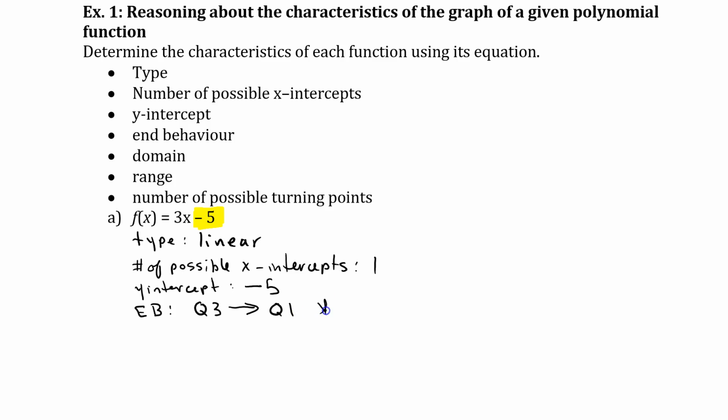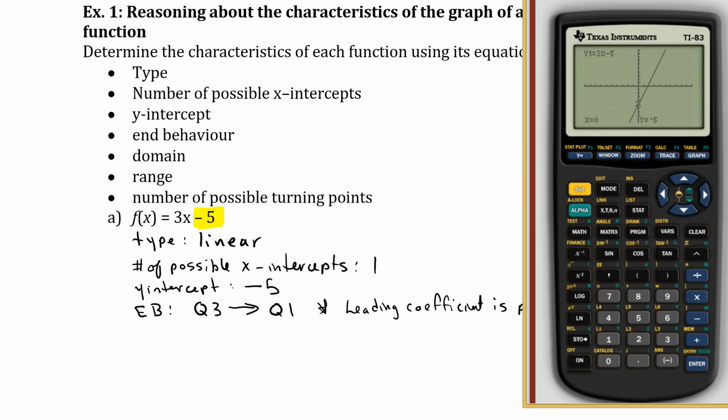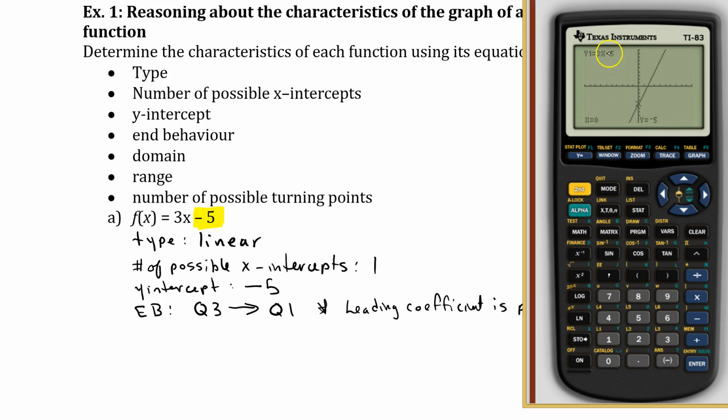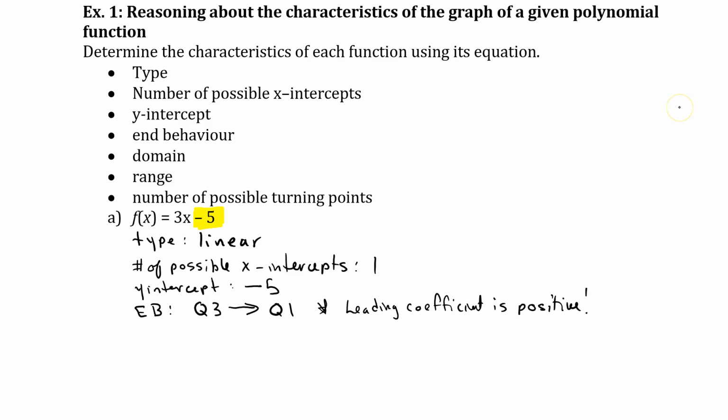And we know this because the leading coefficient is positive. If it were negative, it would go from quadrant 2 to quadrant 4.